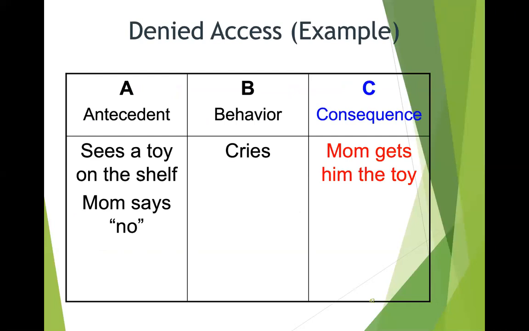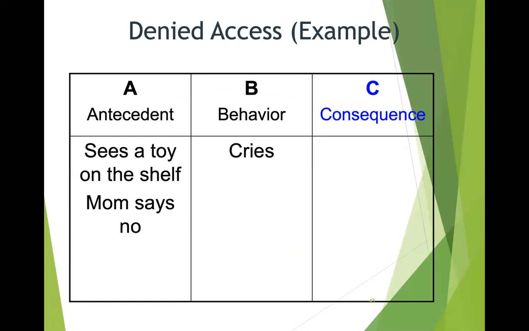So let's take a look at some denied access examples. Here we have our antecedent: the child sees a toy on the shelf. Mom says no. The behavior is the child cries, and as a consequence, mom gets him the toy. If this is a function of denied access, we want to ignore the crying and continue to shop.